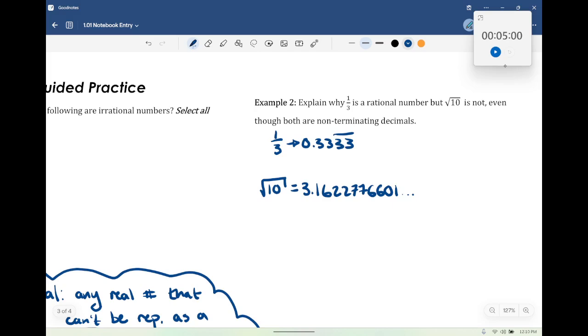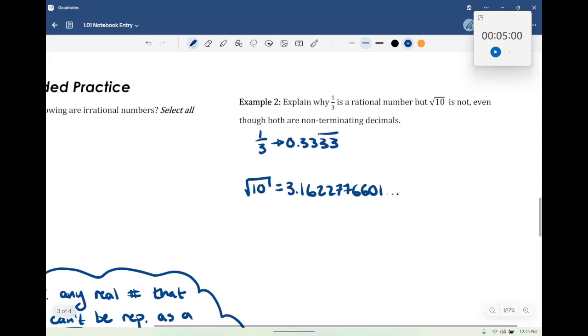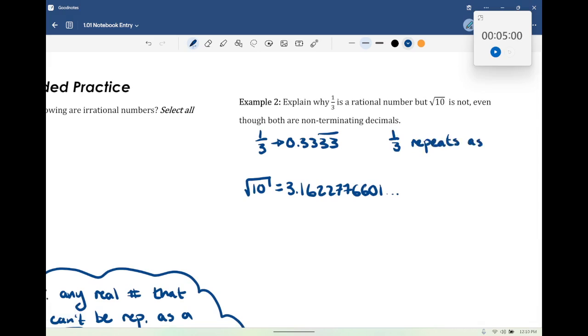There is no discernible pattern there when we look at the square root of 10.